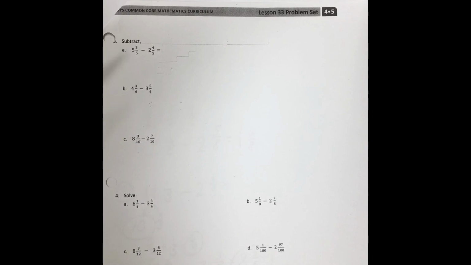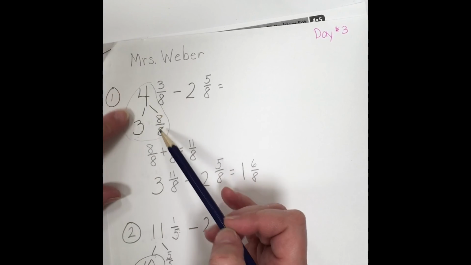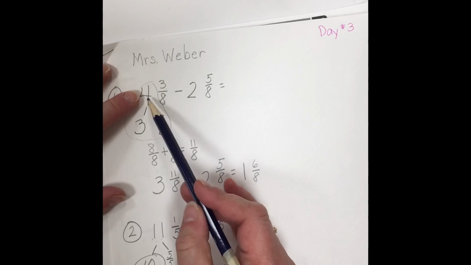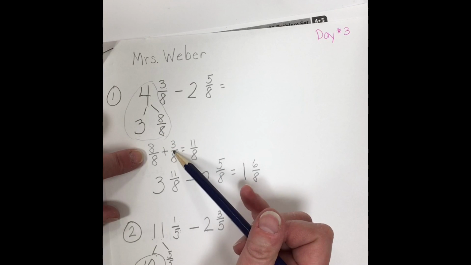I want you to do number 3, A through C, and number 4, A through D. Use the ones we did on the front as your modeling pieces. Take your time, and very important, don't forget that after you regroup your whole number, to add back in that fractional part.